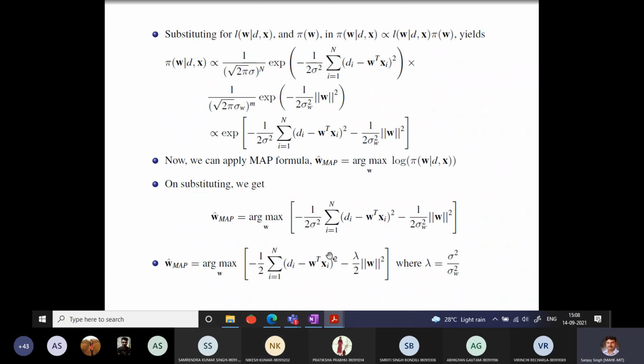We could have taken it that way also. There is no problem with that. To make my life simple, I'll take this minus common. If I take this minus common, this entire part becomes positive. I can take it as f of x, anything it could be. Because the entire part has to be maximized, and maximization of a negative function means you want to find the value which is nearest to 0.